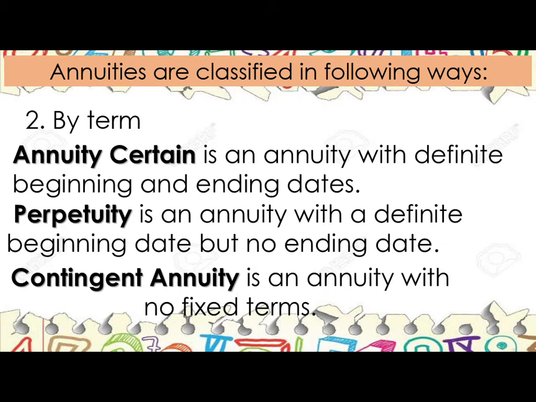When will the payment of the insurance premium stop? Of course, when the person paying dies. So we should say that the payment of insurance premium ends exactly on the date of the person's death. Hence the term of this annuity is not fixed. Again, a contingent annuity is an annuity with no fixed terms.